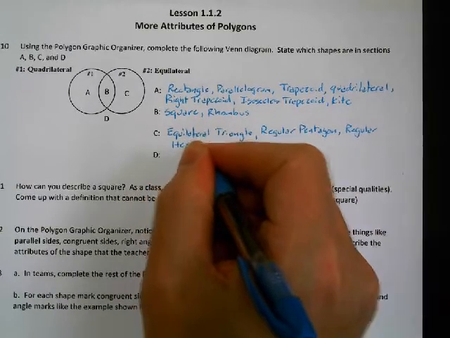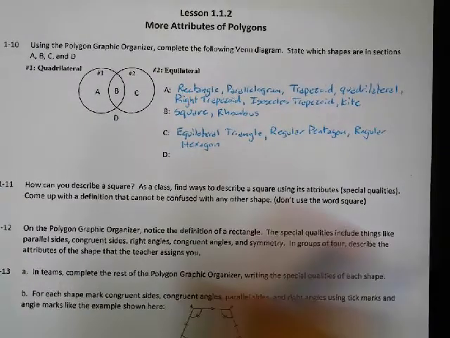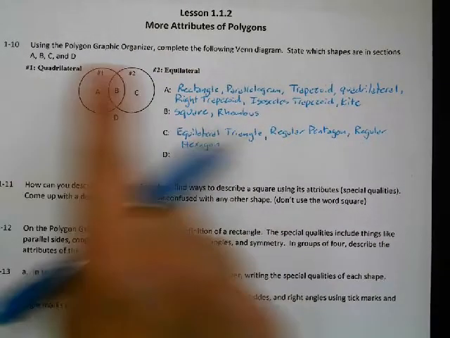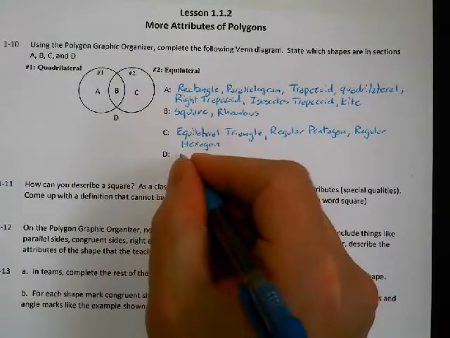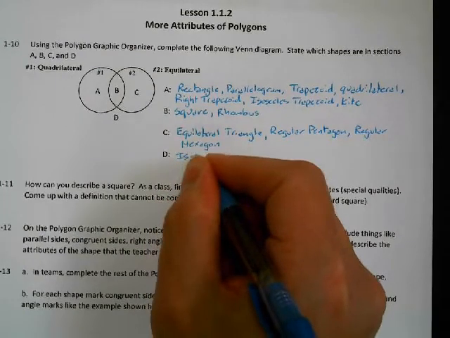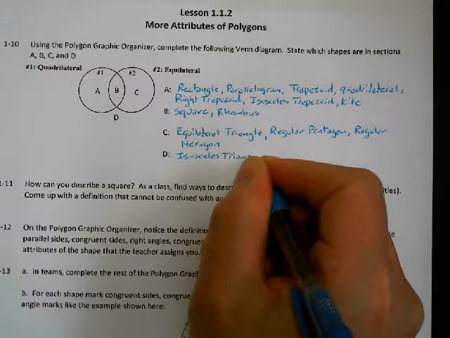And then finally, we're going to find the shapes that don't fit into either one. They're not quadrilaterals and they're not equilateral. So there's a couple of these. We've got isosceles triangles. We've got scalene triangle.